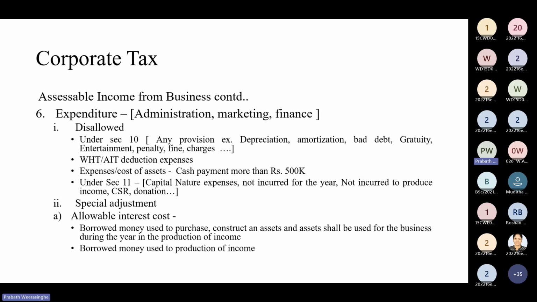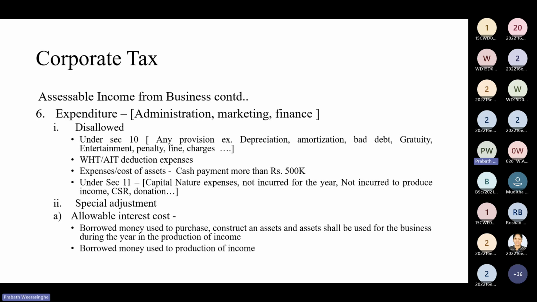If that is the case, such interest cost is a deductible expenditure, right? And any other borrowing that is incurred in the production of income, that type of interest cost we can deduct. That is allowable interest cost.